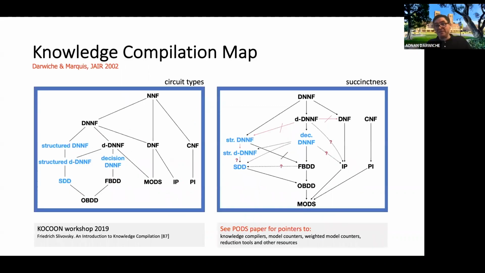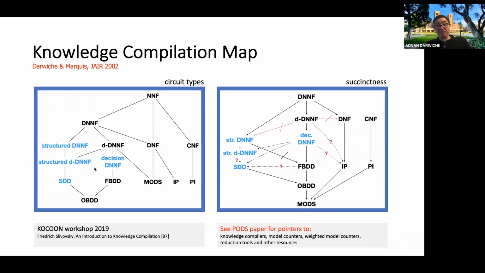This area is studied under the label, as I said, of knowledge compilation or tractable circuits. There's the notion of a knowledge compilation map, which has been developed over the last couple of decades, starting with this comprehensive paper with Pierre Marquis that laid the foundations of this area, where people would study the various circuit types, their succinctness, their computational power.